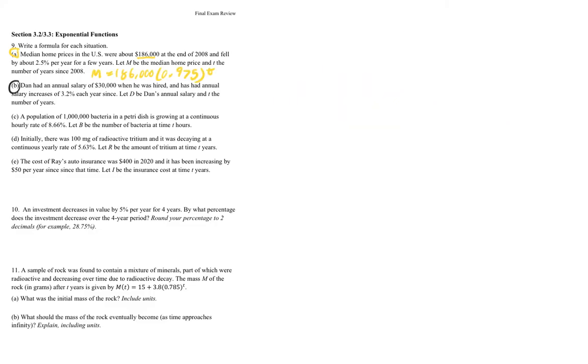Next, we'll look at part B. Dan had an annual salary of $30,000 when he was hired, and has had annual salary increases of 3.2% each year since. Let D be Dan's annual salary and T be the number of years. Again, we want to use the same equation, D is equal to our initial value times 1 plus our rate, to the power of T. For this one, unlike the last one, we use a plus because we are increasing by 3.2%, where on the last one we were falling by 2.5%.